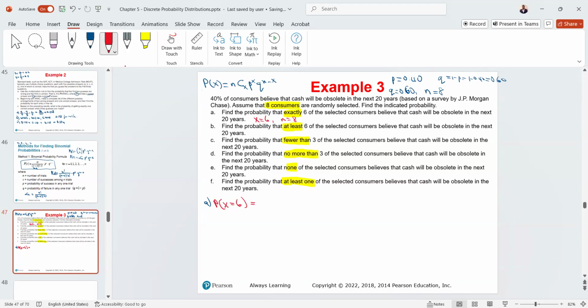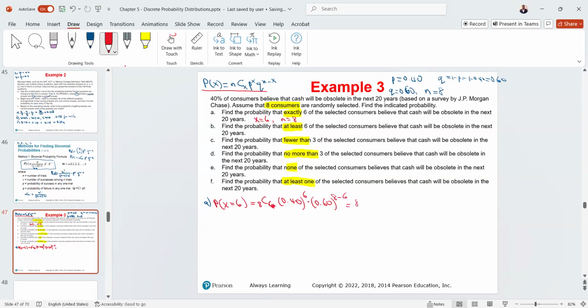So looking at this formula, we have N is 8, combination 6, times P, which is 0.40, to the power X. X is 6, times Q, which is 0.60, to the power N minus X. N is 8 minus 6.